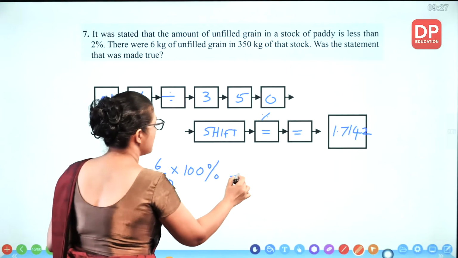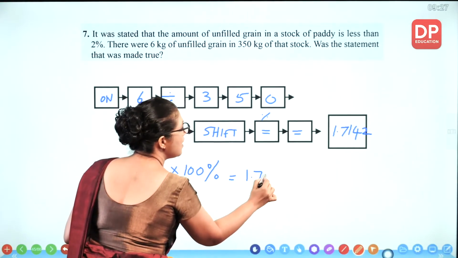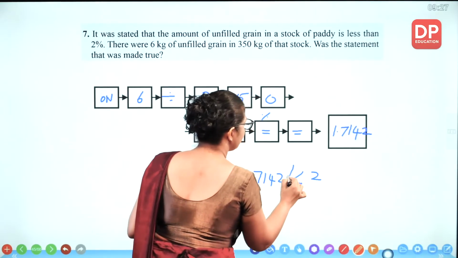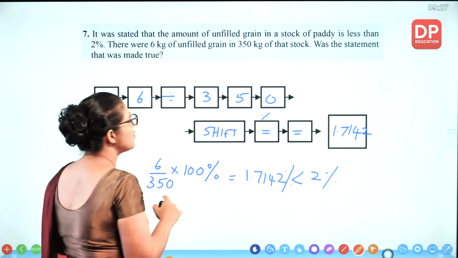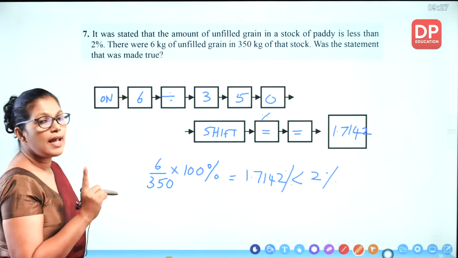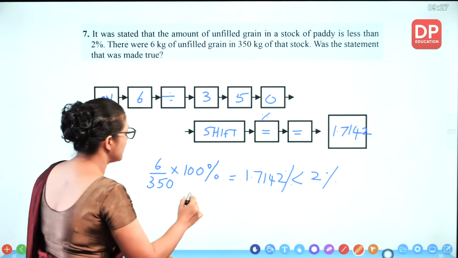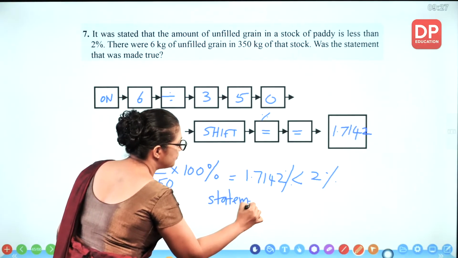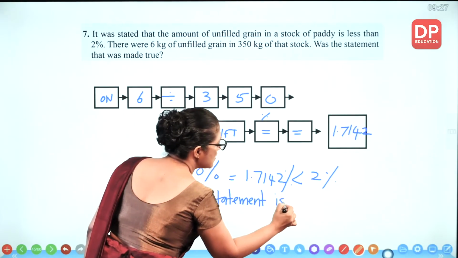So this answer is less than 2%. So what can you say? So the statement is correct. You can say statement is correct.